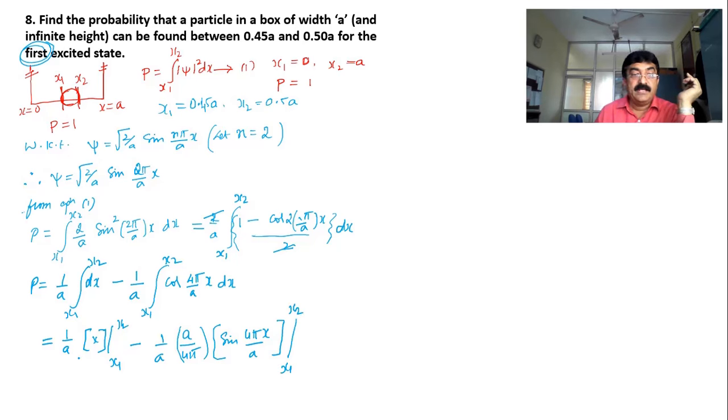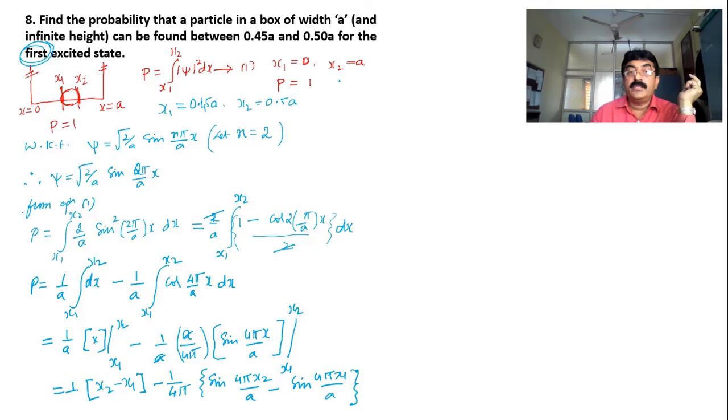Okay, then this is equal to 1 by a, now you can write x2 minus x1, minus 1 by a. Okay, a cancels here, so it becomes 1 by 4 pi into sine of 4 pi x2 by a minus sine of 4 pi x1 by a.